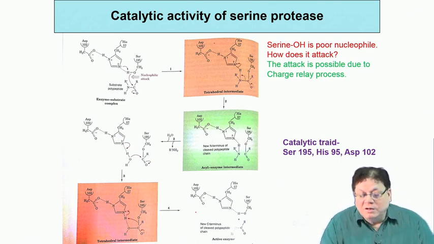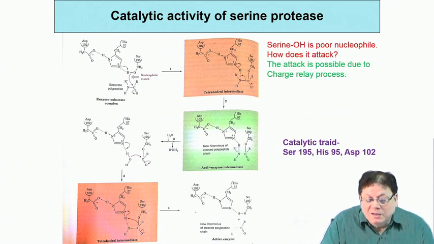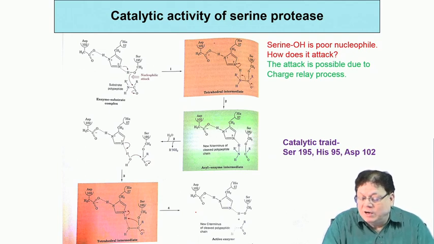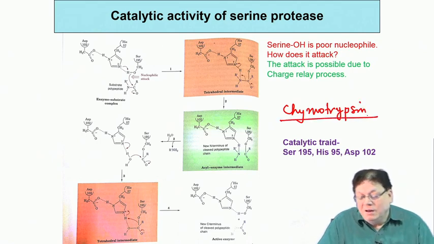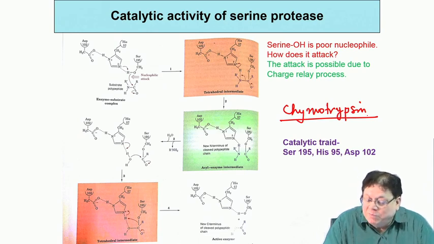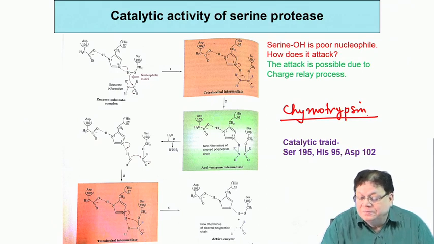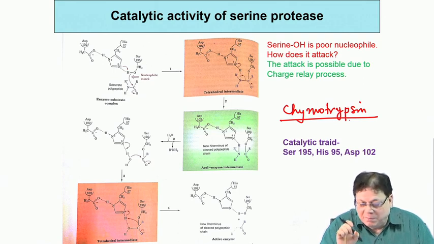Now, we will just show here the mechanism of one protease which we have already encountered, and that is called chymotrypsin. Remember what is chymotrypsin? Chymotrypsin is an enzyme which cleaves peptide bonds from the carboxy end of aromatic amino acids present in the peptide.